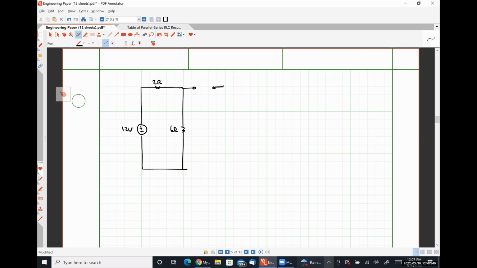Here's our open switch. Let's see what's going on in chat. Two amps. Four ohms. Our inductor is going to look like a short circuit. Our capacitor is going to look like an open circuit.